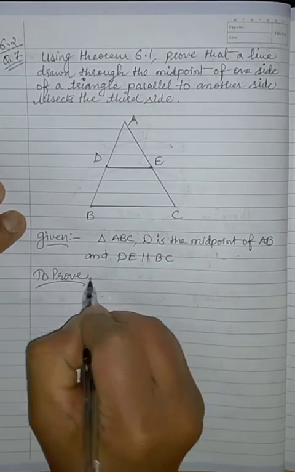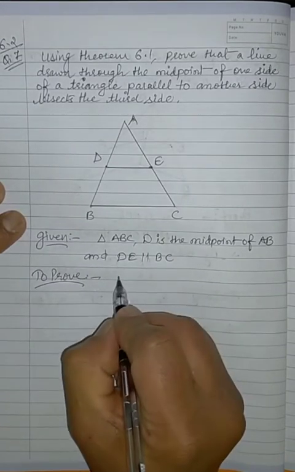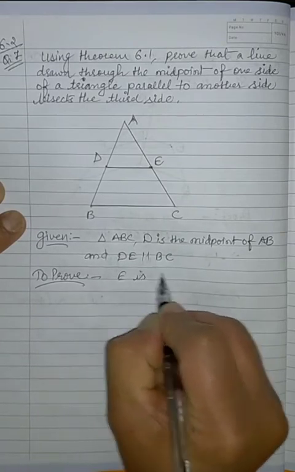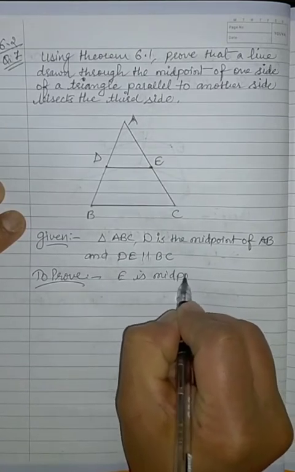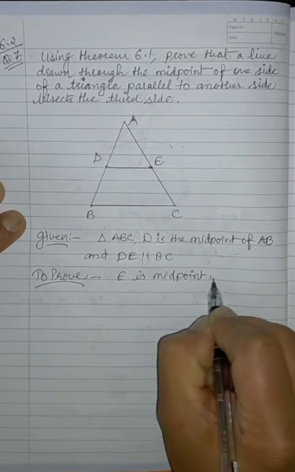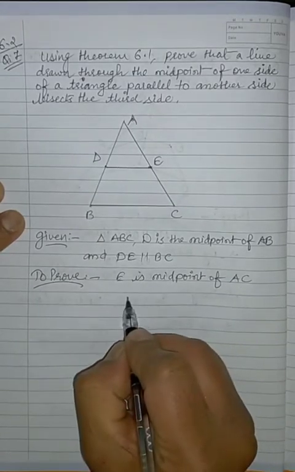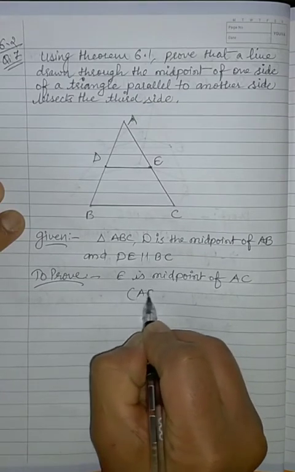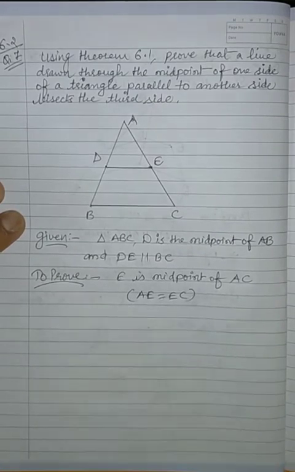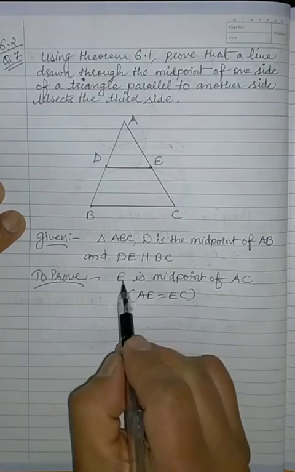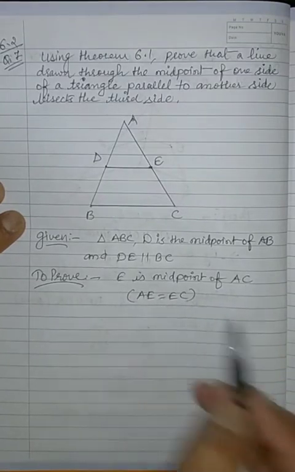To prove: that E is the midpoint of AC, that is AE is equal to EC. So either you can write this statement or you can write simply this.